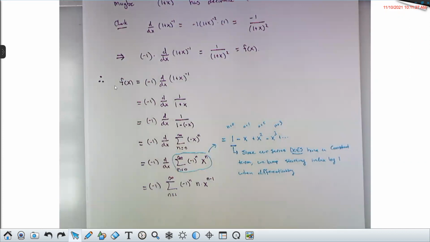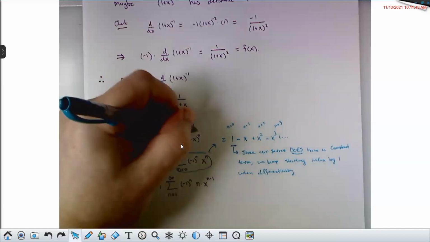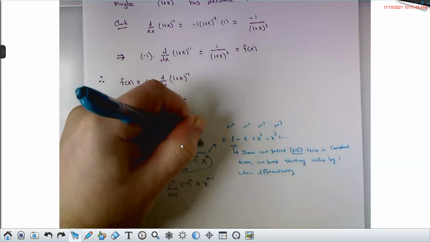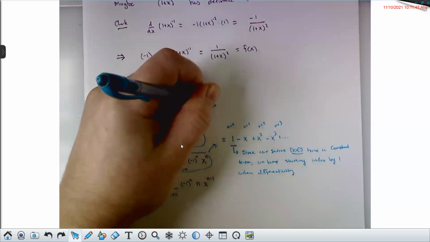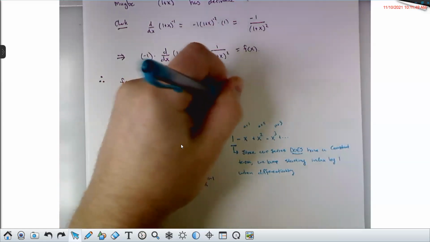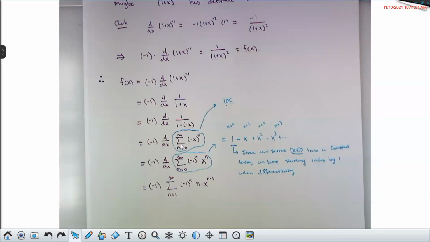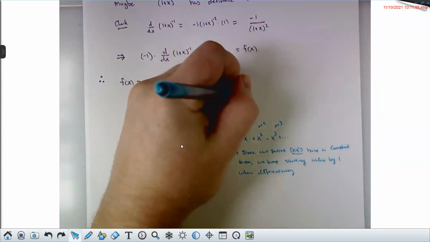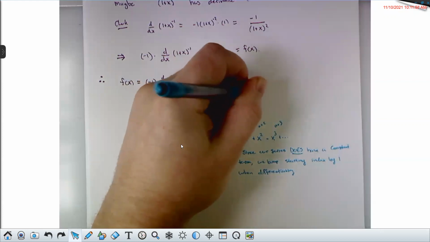Julian also makes a comment that we can lose endpoints. That's correct. So what is the interval of convergence for the series we differentiated? We should be mindful of that as well. This would come from solving the inequality: absolute value of u is less than 1.